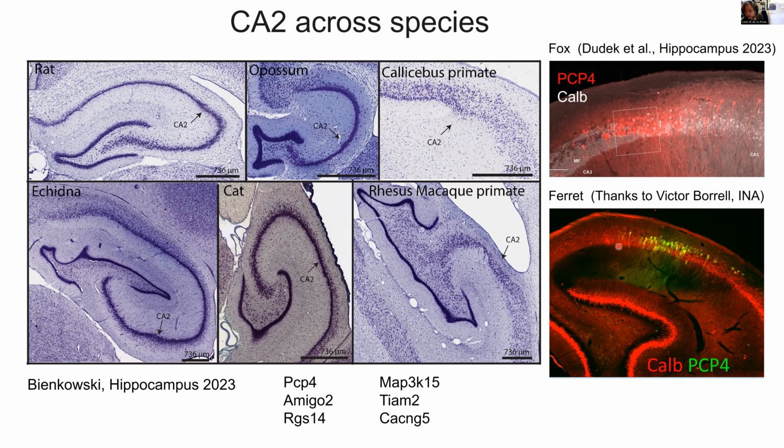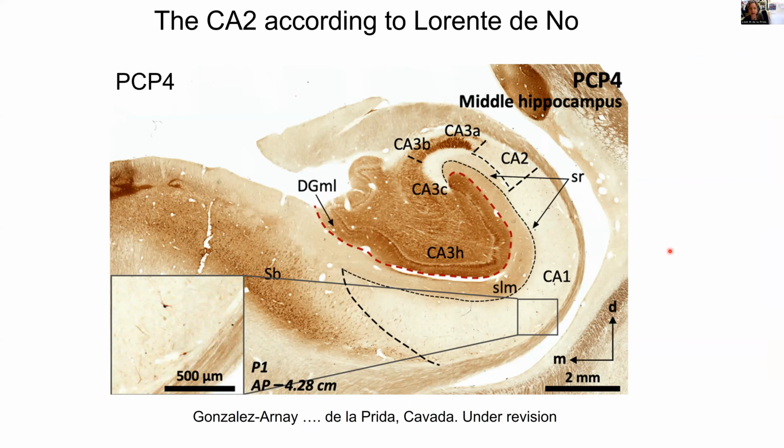And here too, as well as in the fox, calbindin is expressed in the gyrus, and of course you can map the mossy fibers, but you also have expression in CA1 that doesn't allow you to clearly identify the region. But somehow we need to look at other species to try to identify how this region is organized.